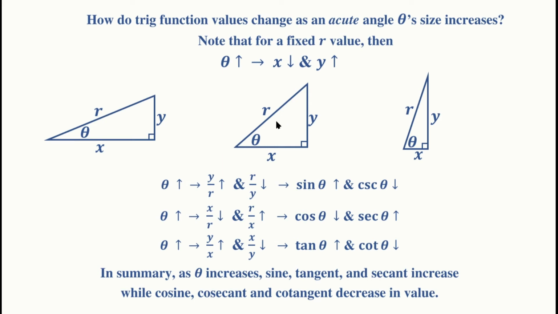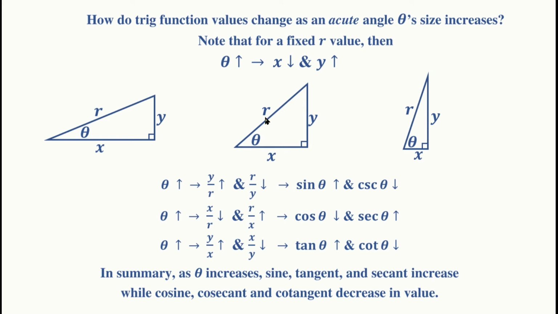So notice in these two figures, the r remains the same. But watch what happens. The x is actually going to become smaller, right? And the y value is going to become larger, right? Notice this is continuously happening, right? X becomes smaller as you make the angle theta larger, and the y will become larger, right?